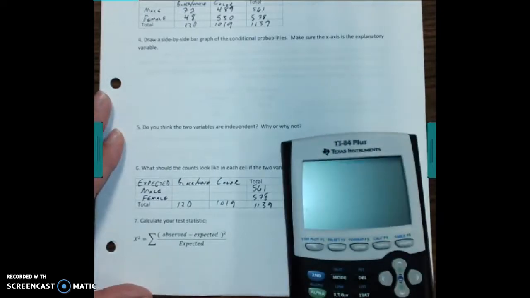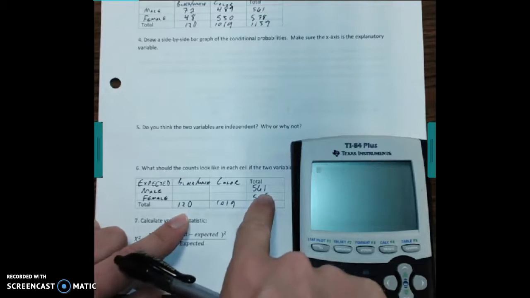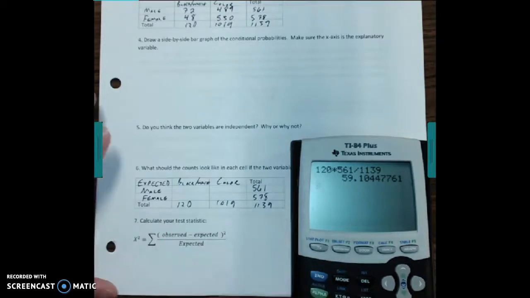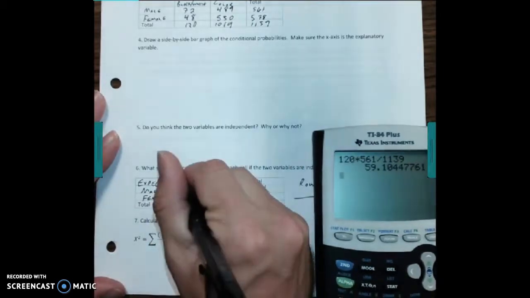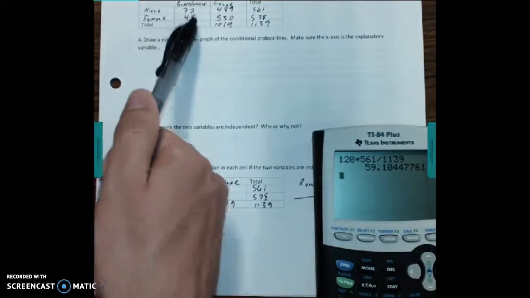Row total times column total divided by the grand total. So here, 120 times 561 divided by the grand total of 1139. If indeed the null hypothesis is true, and these two variables are independent, we would expect there to be 59.1 observations in the cell. In fact, there were 72.